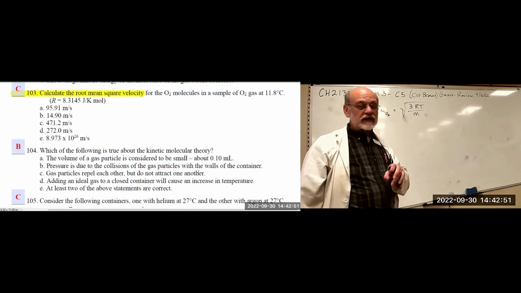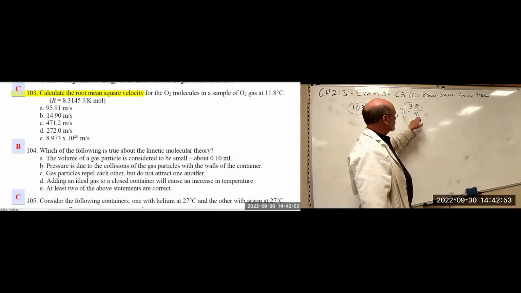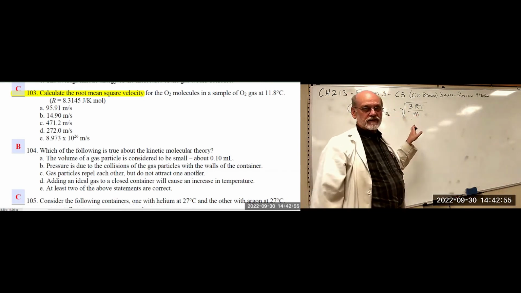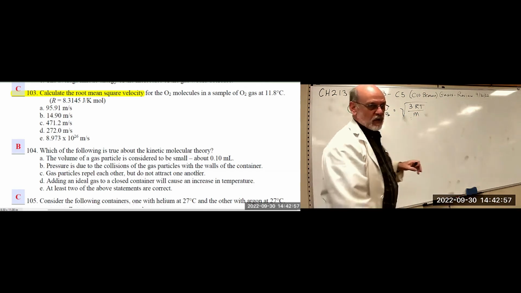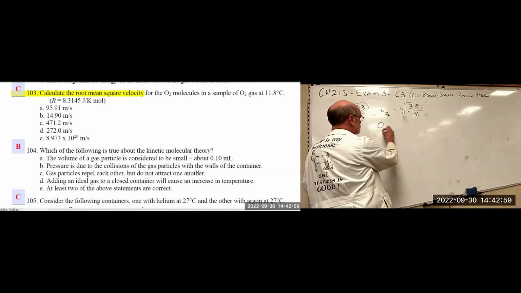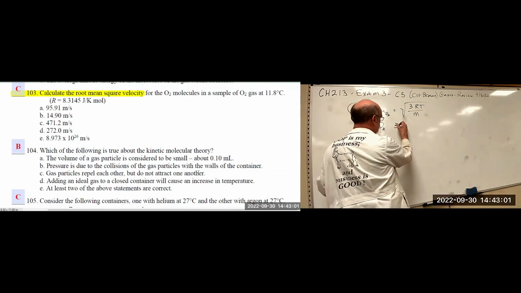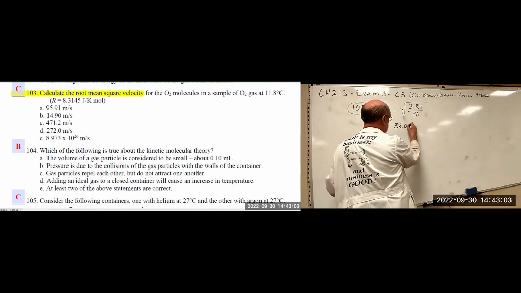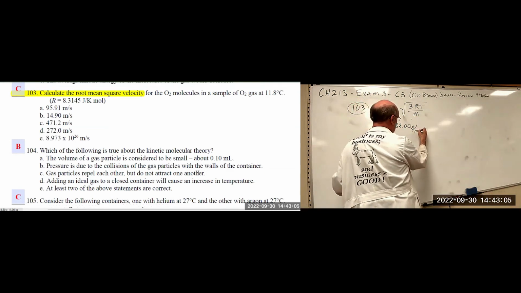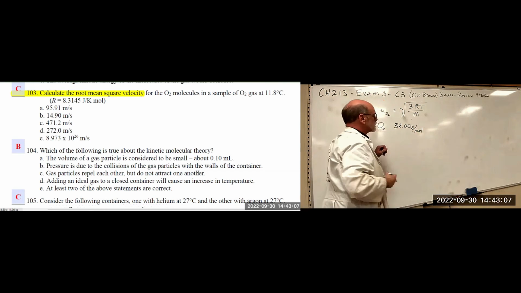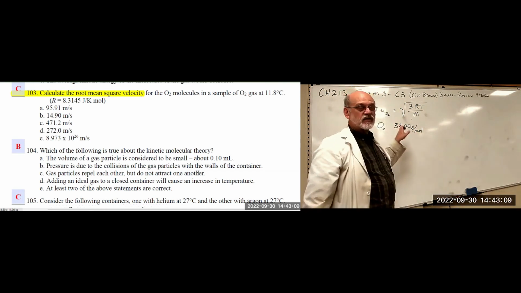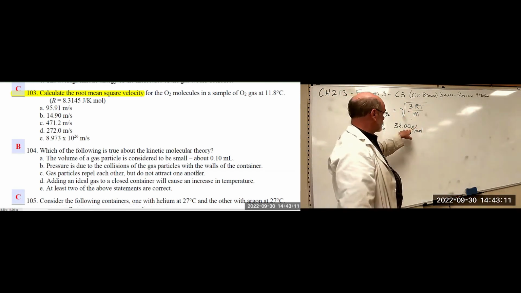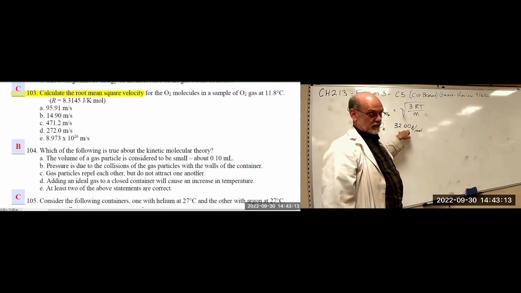We also need the molar mass in standard units. The molar mass of oxygen would be 32 grams per mole. But in order to use SI units in this calculation, this needs to be not grams, but kilograms.